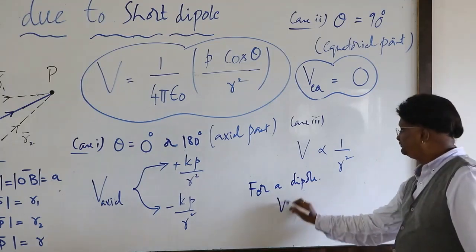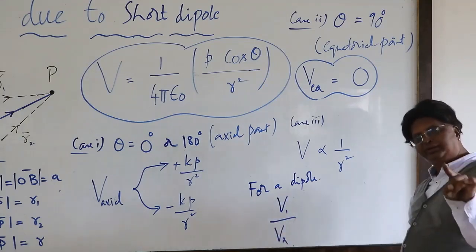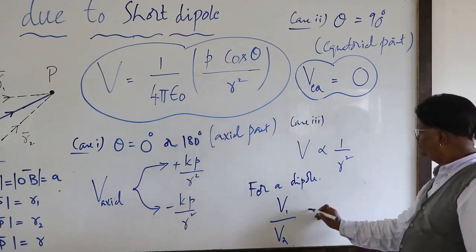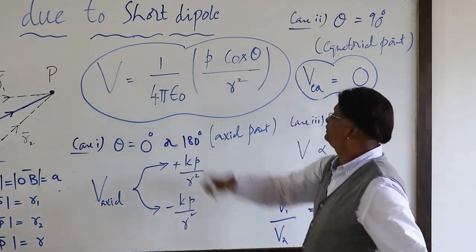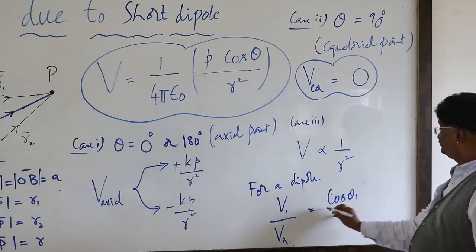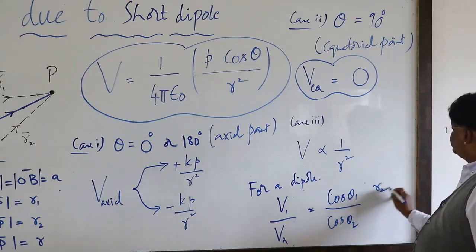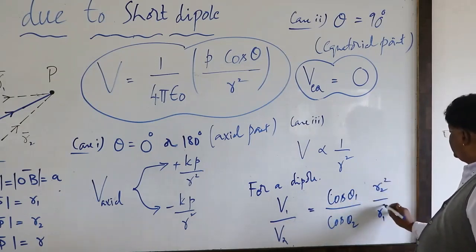Then you write it as V1 by V2 at two different positions due to the same dipole. Same dipole means you expect p to be common. Here you write it as cos theta 1 by cos theta 2 times R2 squared by R1 squared. Is it not?